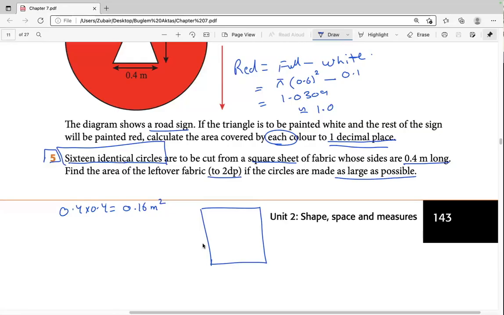So we divide that by... Now the task is to find the radius or the diameter. If you get the radius right, you've done the question.